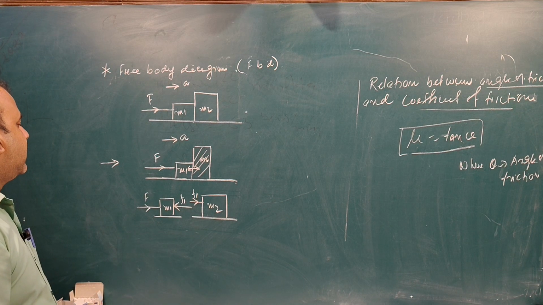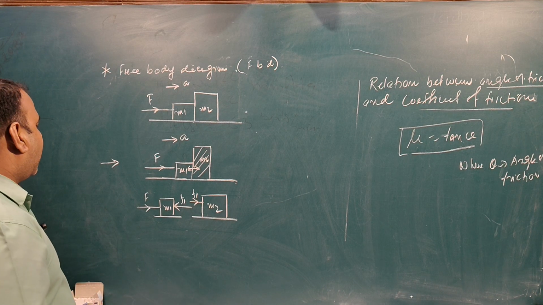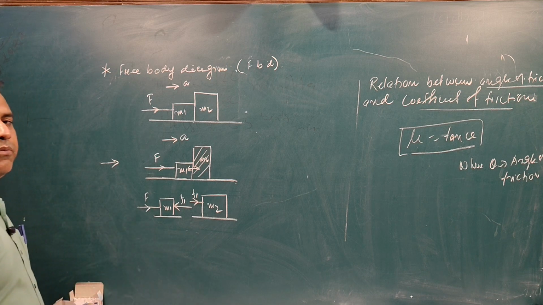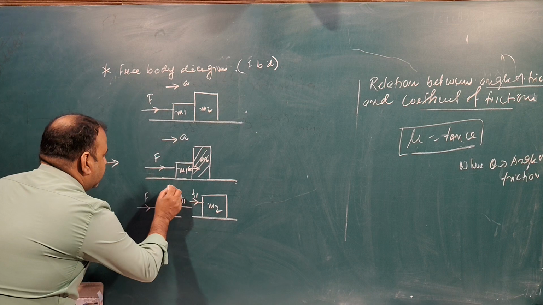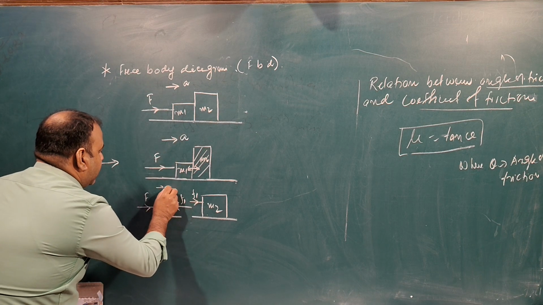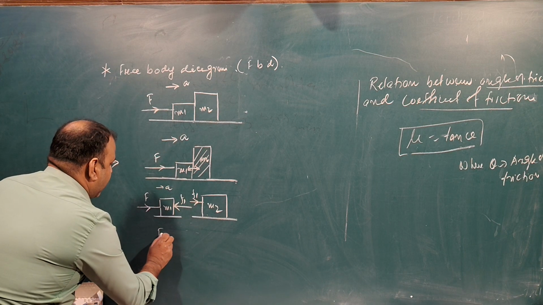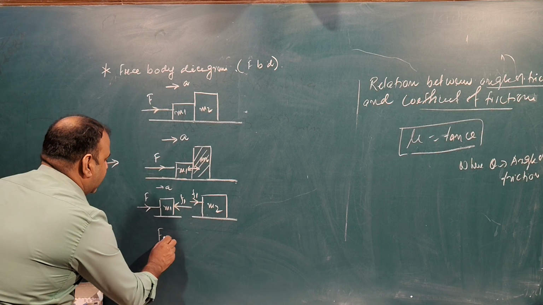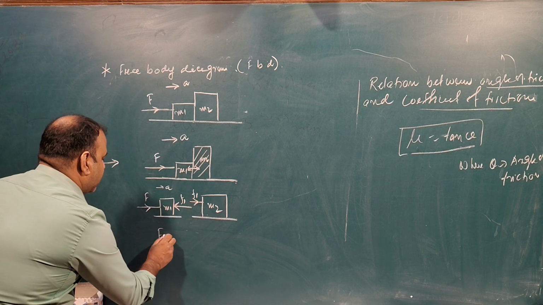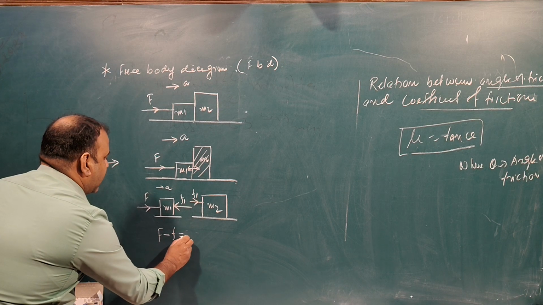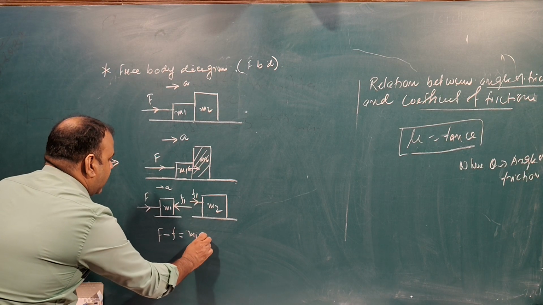That is why you remember how we write in the free body diagram. In this case the acceleration is in the forward direction. Therefore, for the first diagram we can write: F is going forward and F1 is backward. That is why F minus F1 is equal to M1a.